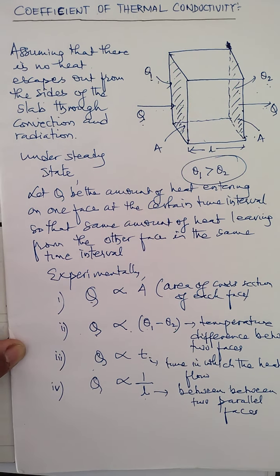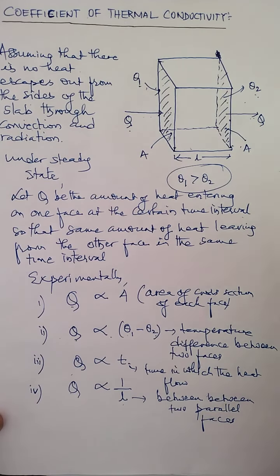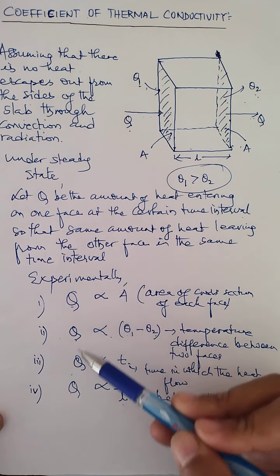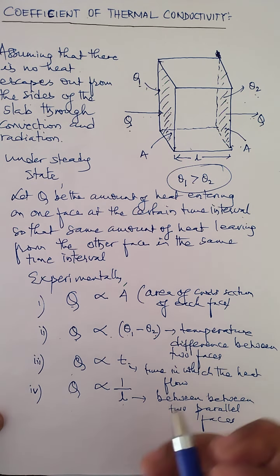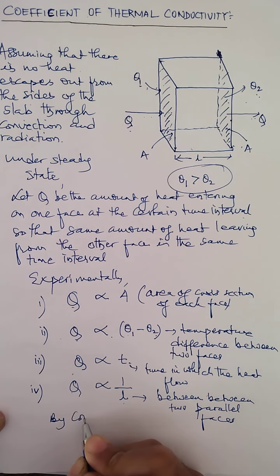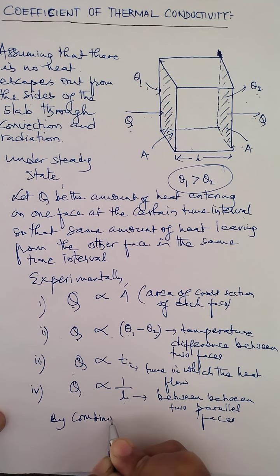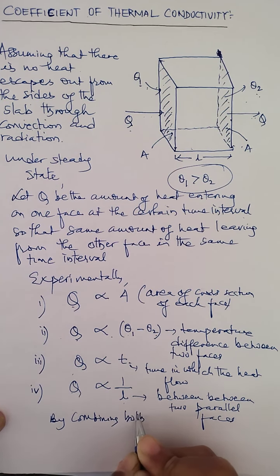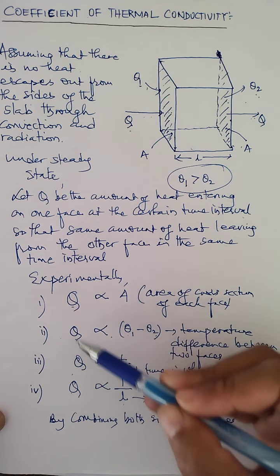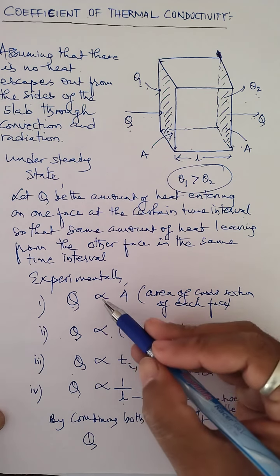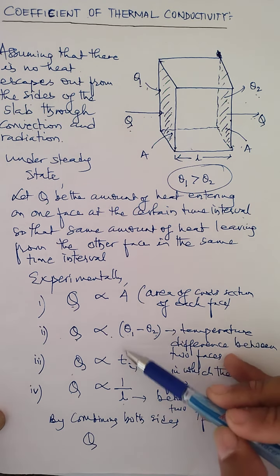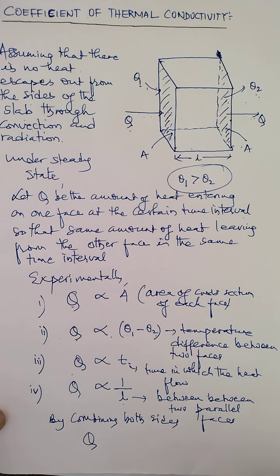Now in order to derive the expression for the coefficient of thermal conductivity, I combine all these four quantities. I mean the mathematical relations. Combining means I combine the left hand side and I combine the right hand side. If you combine both sides, the left hand side is only Q. Now all signs are proportional signs. Out of 4 mathematical relations, 3 relations are directly proportional and 1 relation is inversely proportional.